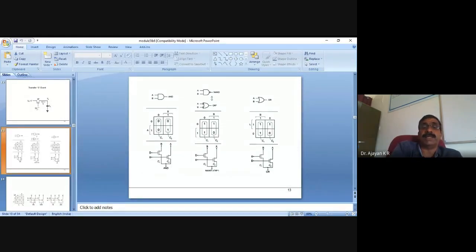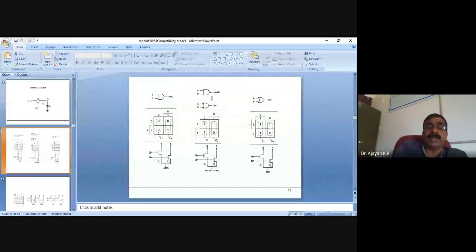That is for an AND gate. There will be a condition that is marked as C1 and C2. That is, when B is equal to 0, the output is always 0. And when B is equal to 1, the output is 0 for A equal to 0 and 1 for A equal to 1. That means you can say it is A. So C1 is equal to 0 and C2 is equal to A.